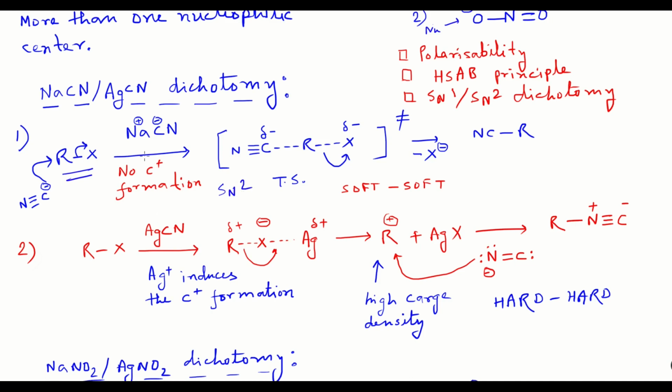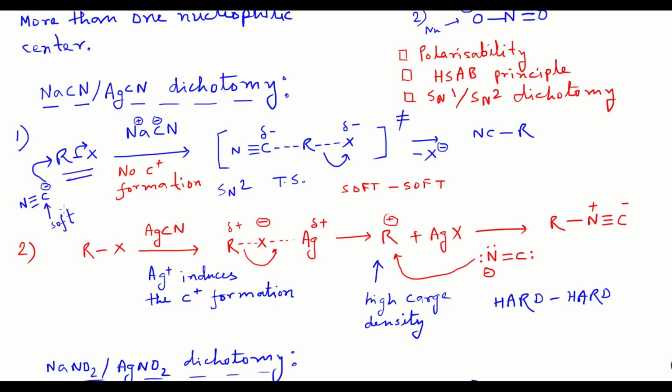Why is this so? Because in the presence of sodium cyanide, the carbon center of the cyanide ion is a soft center. Soft center means it has high polarizability.